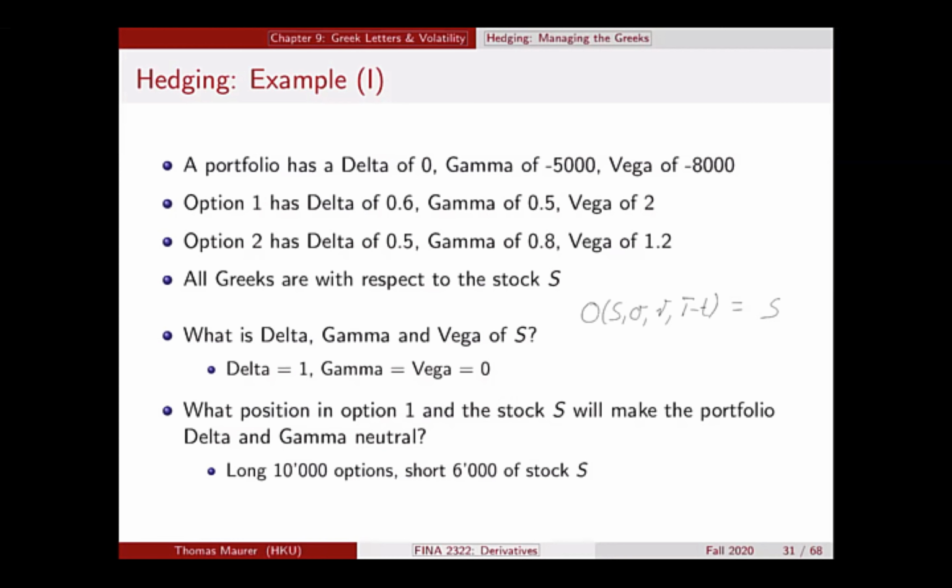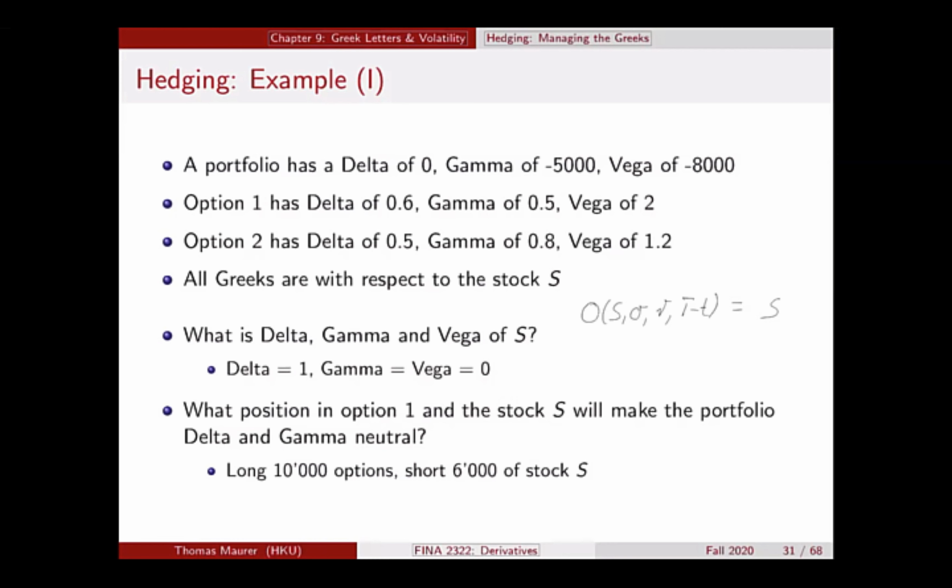Adding any stocks to that portfolio will not change that gamma because gamma is 0 for the stocks. Adding options of type 1 to that portfolio will affect the gamma. How many option 1s do I have to buy to offset these minus 5,000 gamma?